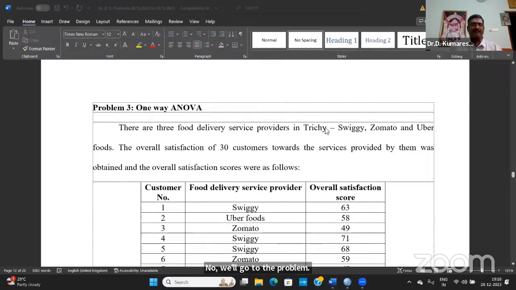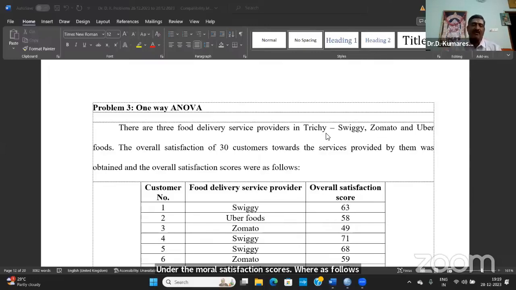So look at here. There are three food delivery service providers: Swiggy, Zomato, and Uber Foods. The overall satisfaction of customers, of 30 customers, towards the services provided by them was obtained. And the overall satisfaction scores were as follows.